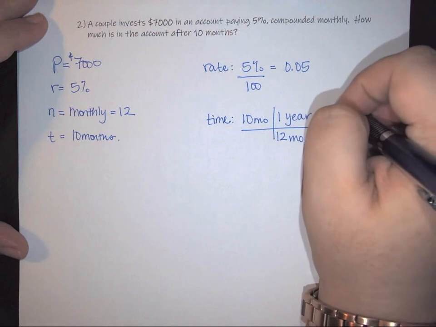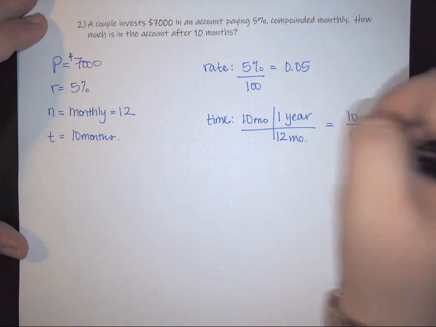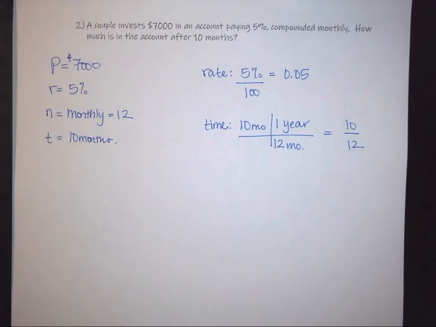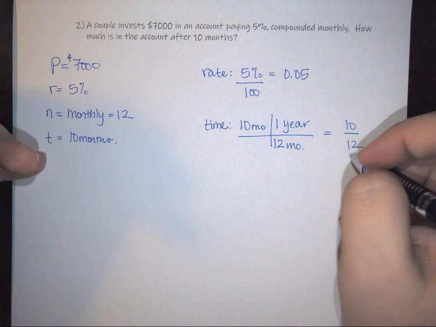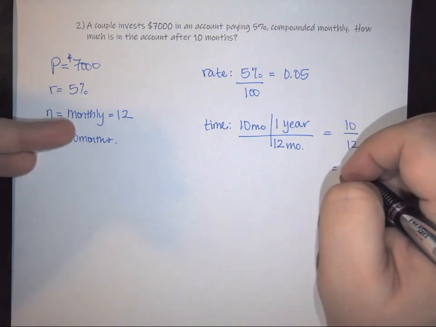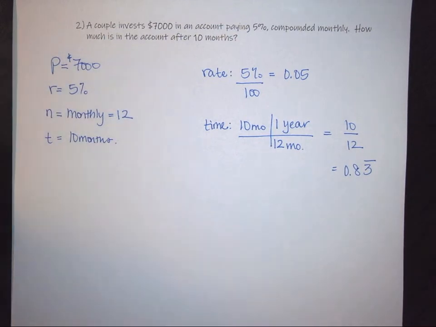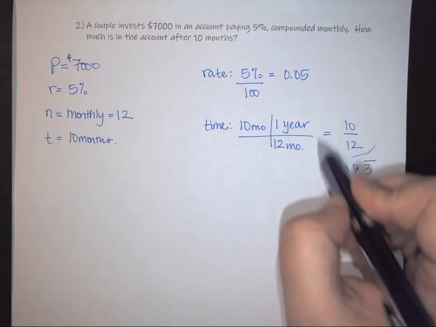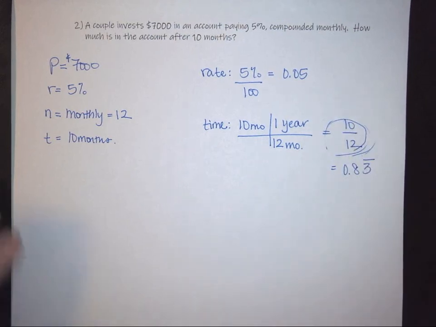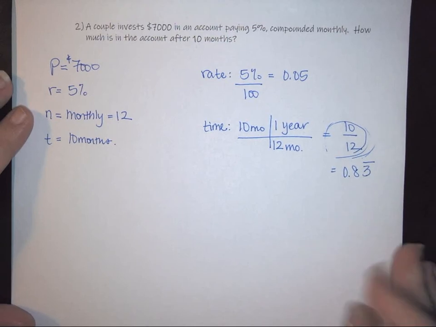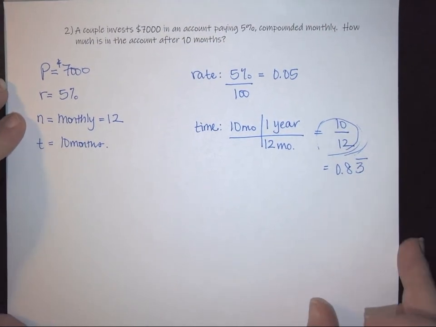So this is going to be the same as 10 over 12 as a fraction. It can also be 0.83 repeating as a decimal. Again, I highly recommend using the fraction form and not the decimal, purely because this is a repeating number. But of course the choice is up to you.